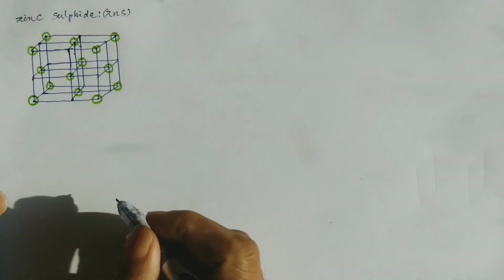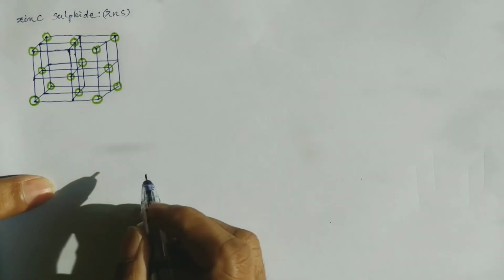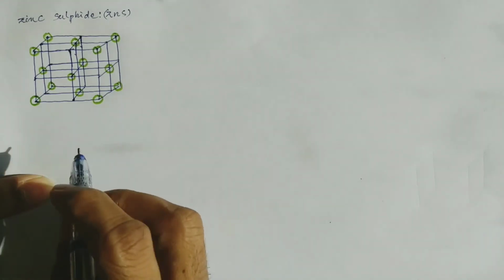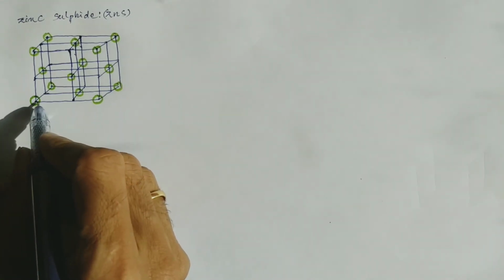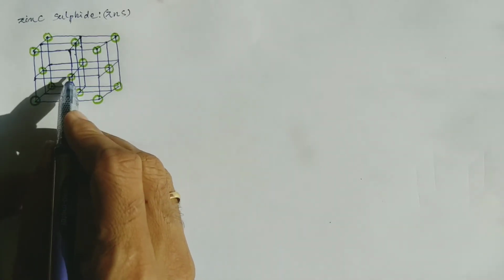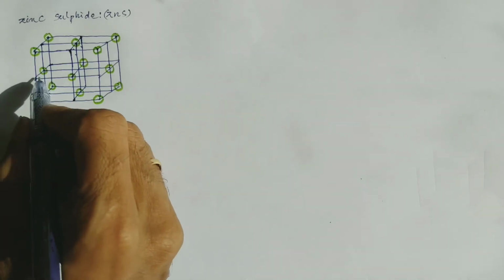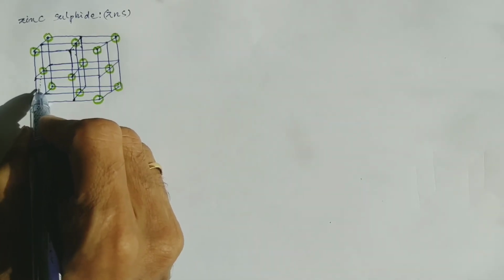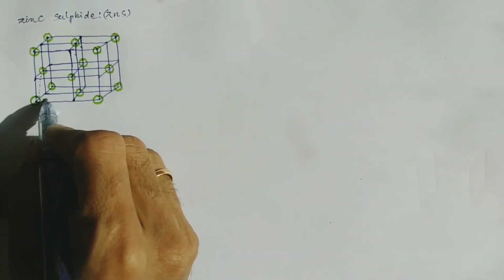Zinc ions will be present in the tetrahedral voids. Suppose if you take this corner ion, what are the adjacent faces? There are 3 adjacent faces, 1, 2 and 3. So there is a tetrahedral void created here like this.